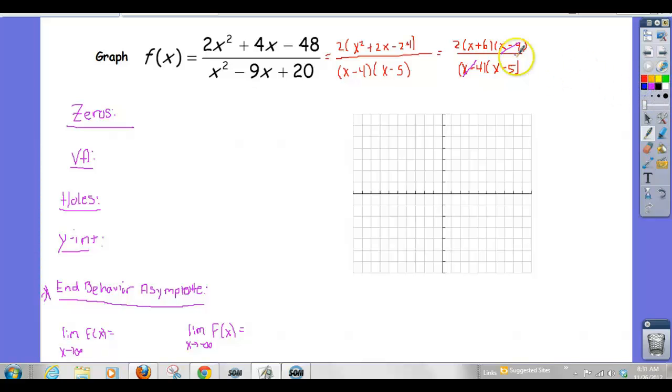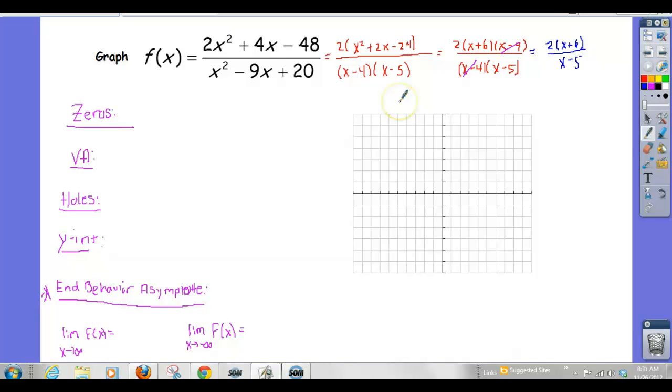A lot of you don't do this. You stop here, then you get confused. Rewrite what you have left. 2 times x plus 6 divided by x minus 5. Make sure you rewrite it, because this is an easier one to analyze than the original. People forget that once you divide out the factors, they're not there anymore.